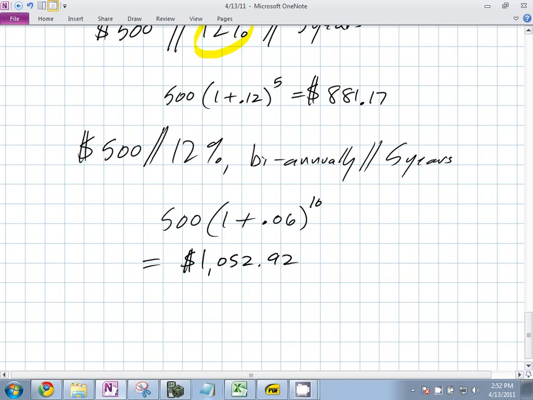So half of the interest gets grown for the second half of the year. The point is the money is going into the account earlier, so you're going to end up with more money.